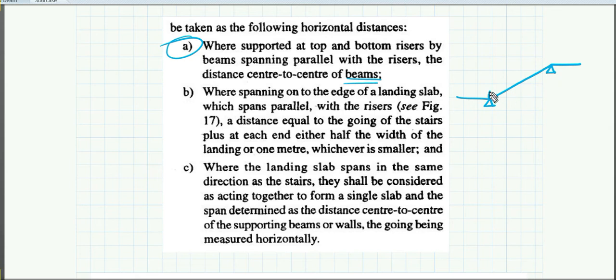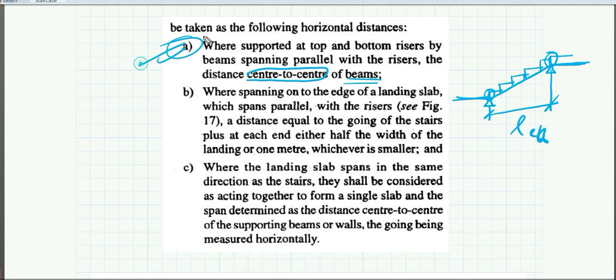This is the bottom riser and this is the top riser. If the support is over here and the landing is just like an overhang portion, in that case the effective span should be considered as center to center of the beams. From the center of this beam to the center of this beam, this is L effective.